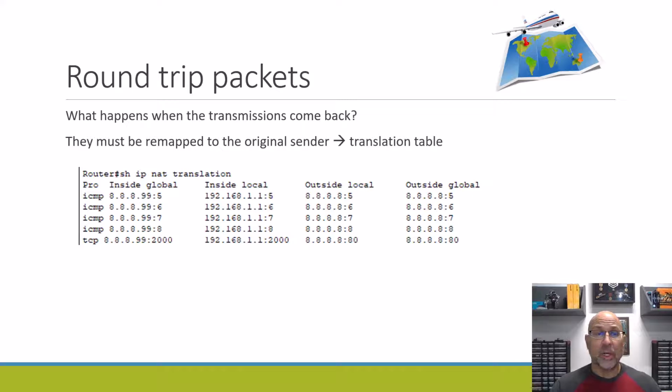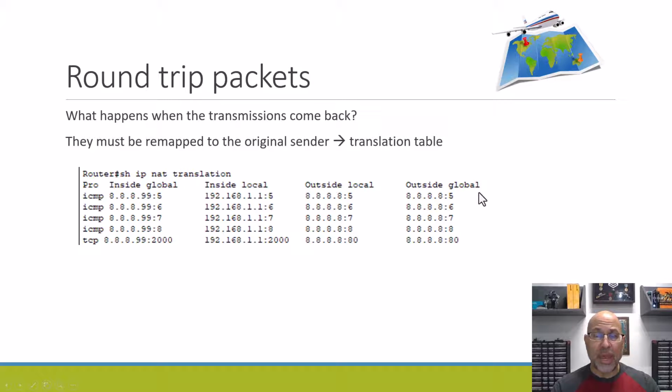And so if I'm an inside node, maybe 192.168, something, and I'm talking to this address on the outside, which is public, what happens is the router remaps to its public address on the outside and then sends it on.